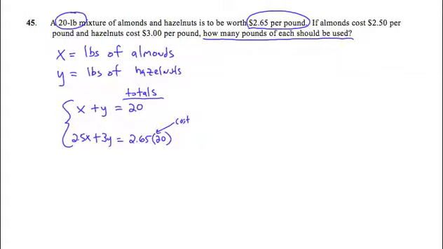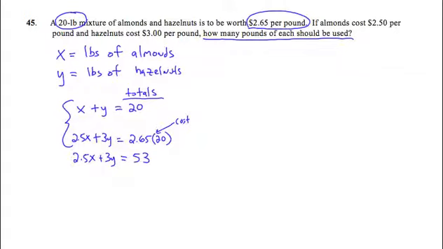Let's do some multiplying down there in the bottom and simplify that out. 2.65 times 20 gives us 53. So this equation really is 2.5x plus 3y equals 53. That's the total cost.